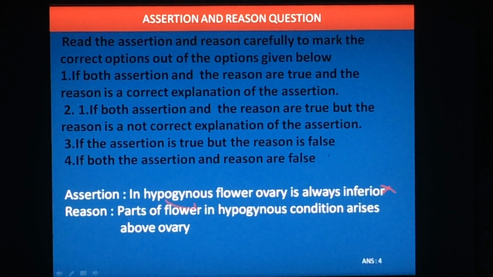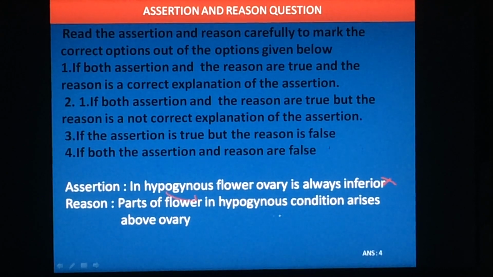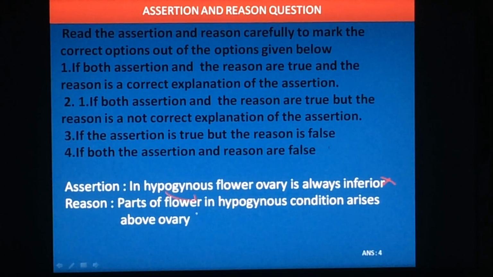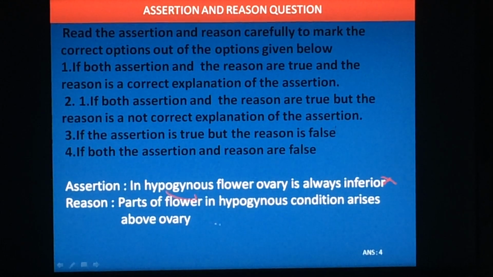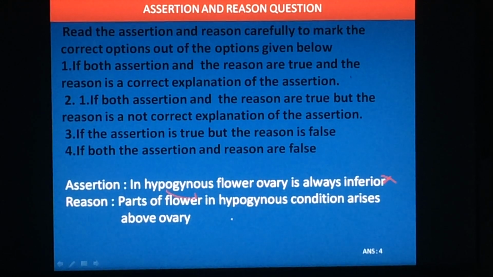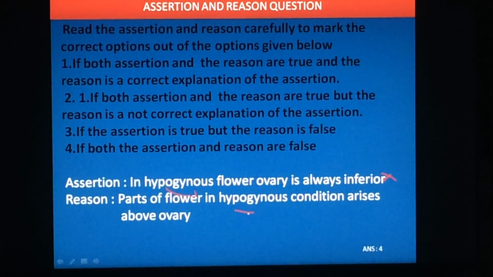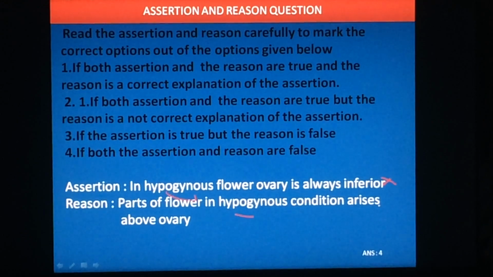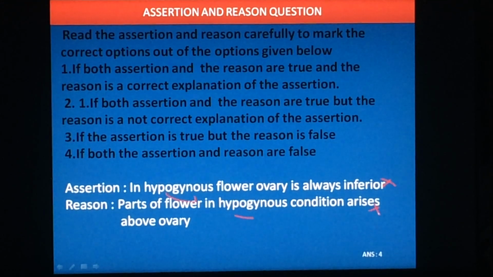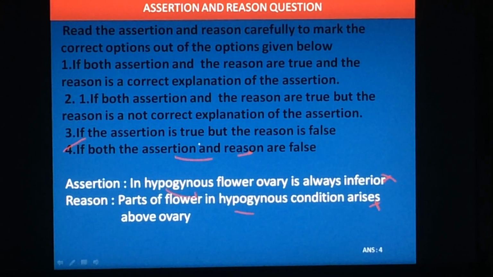Reason: parts of a flower in hypogynous condition arise above the ovary. Hypogynous, ovary is above, all other parts are below. That's why this is also wrong. So answer is fourth one. Both assertion and reason are wrong. Thank you.